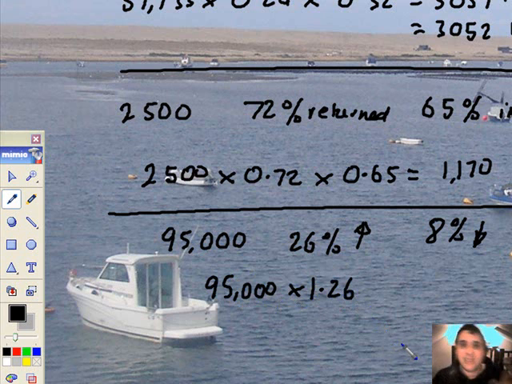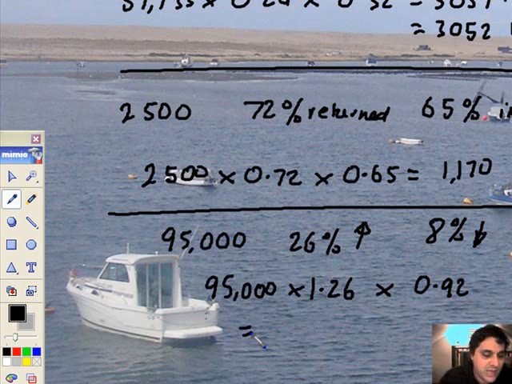That's the 100% plus the 26% on top. And obviously I've done really well. Now, I hold on to the house 1 year too long, and I drop by 8%. Well, if I'm dropping by 8%, I'll still retain 92% of the value after the first year, which is there. So multiply by 0.92, and let's see what the house is now worth. Punch it into the machine.